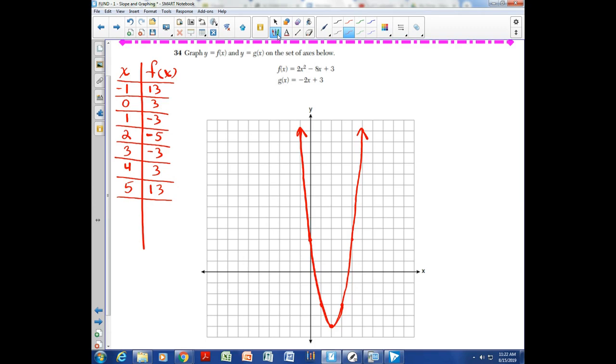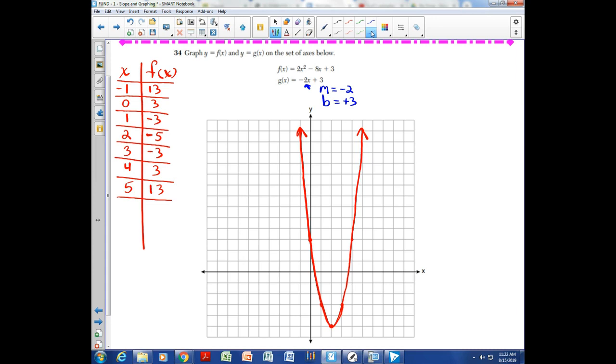Now, it's perfectly appropriate to also graph g of x, since it's a linear function, just by being able to take out our slope, which would be equal to -2, and our y-intercept, which is +3.